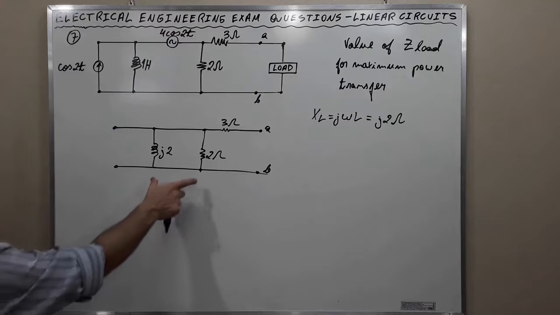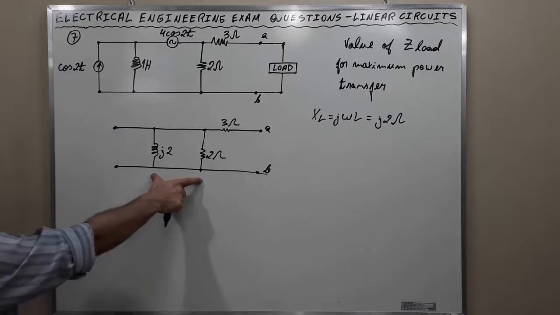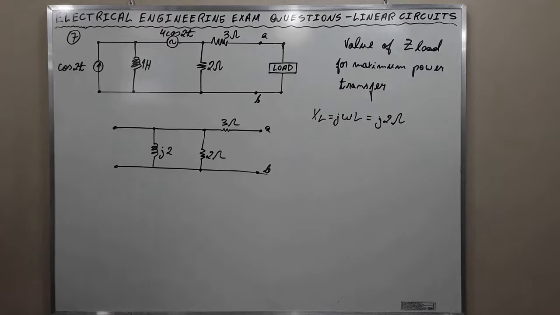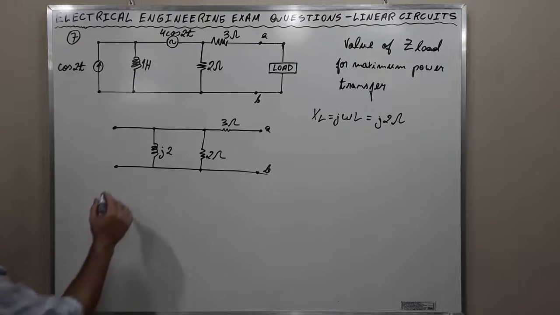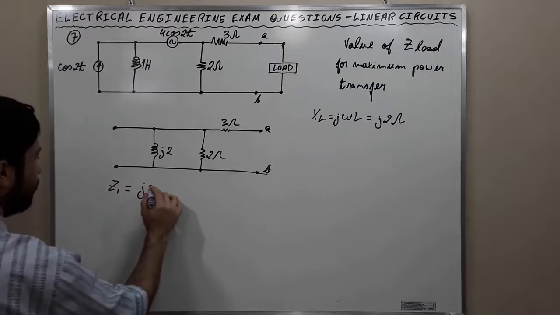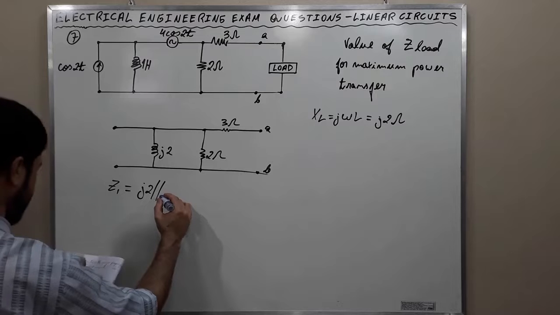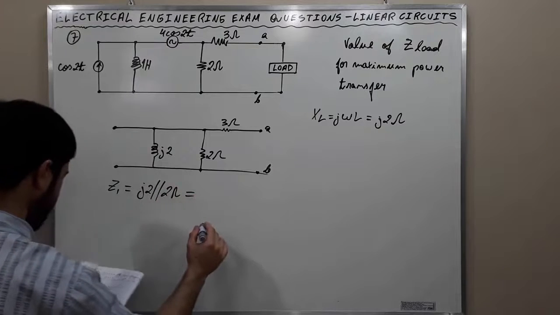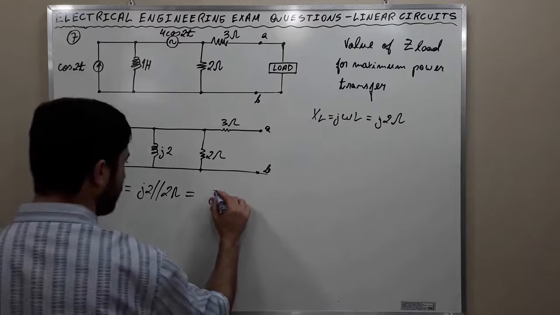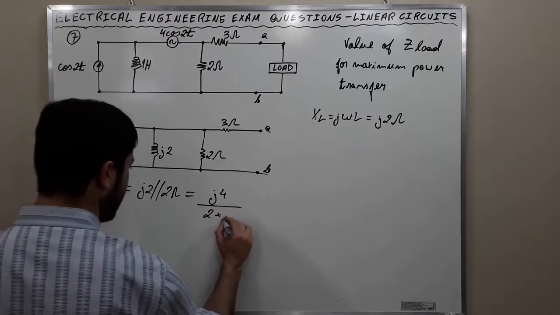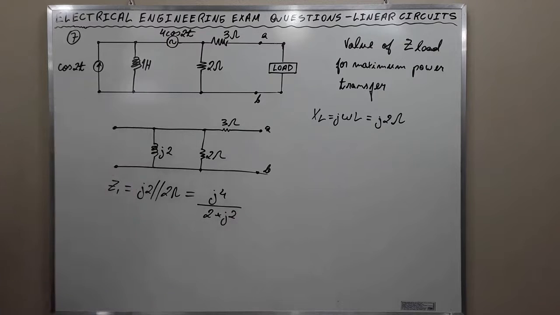Observe that these two impedances here, the resistance and the reactance, are in parallel. Then I'm going to call it Z1. It's going to be the parallel connection between j2 and 2 ohms, which is j4 over 2 plus j2.